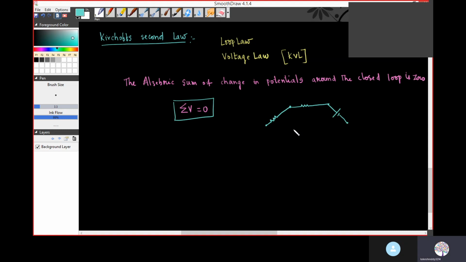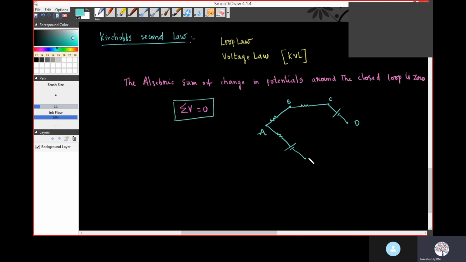Let us name these points. Let us take this as A, this point as B, this point as C, this point as D. And then I'll have one more resistor here.